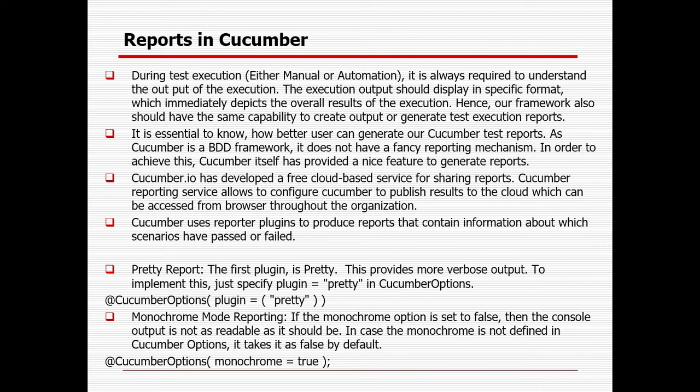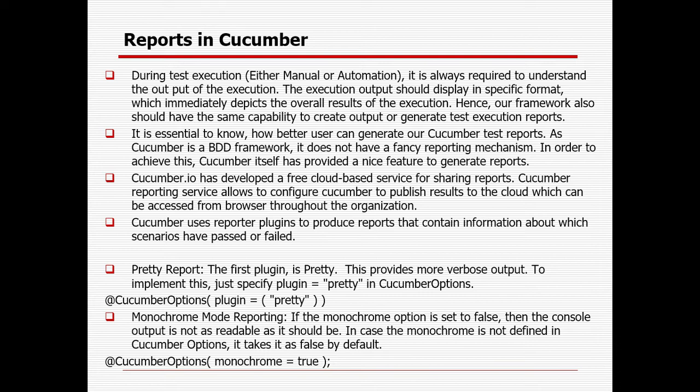So during test execution, either manual or automation, it is always required to understand the output of the execution. The execution output should be displayed in a specific format which immediately depicts the overall result, meaning how many test cases failed, passed, skipped, blocked, or are in progress.